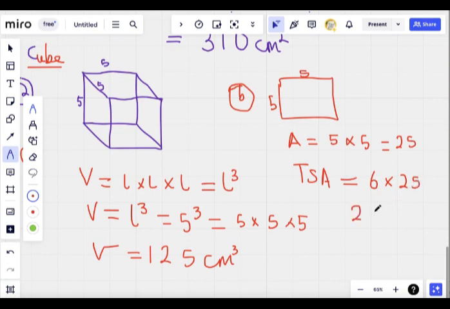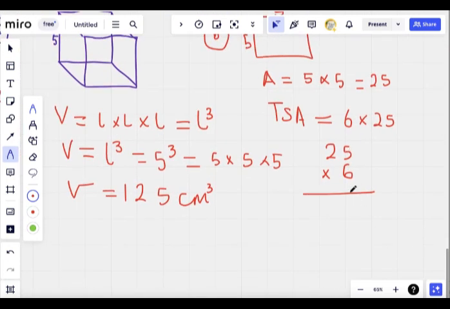So we can do that multiplication. 25 times 6. We can do that multiplication and see what we find. So 5 times 6, 30, right? 0 carry 3. 6 times 2, 12. 12 plus 3, 15.